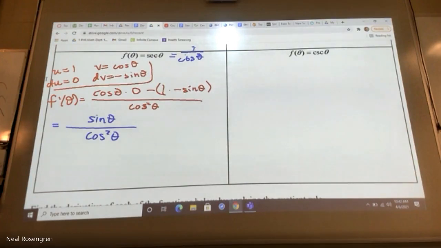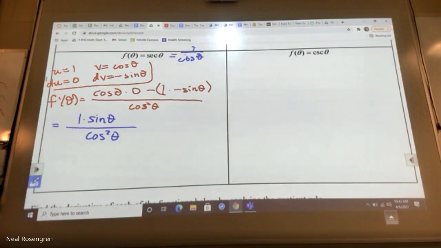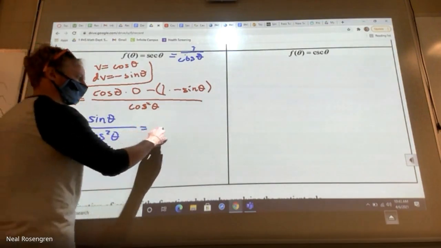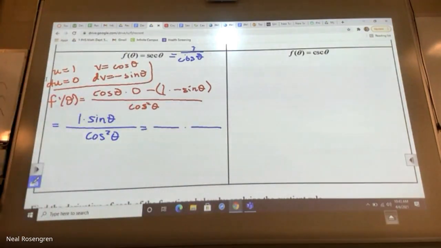Yeah. So if you break it up into sine over cosine times 1 over cosine. If you have 2 things being multiplied on the bottom, 2 different cosines, well, I want 2 things being multiplied on top. A really common strategy for us in chapter 5 with identities: if I have things being added or subtracted, I could break them into 2 fractions being added or subtracted.